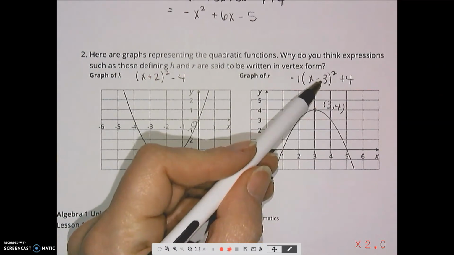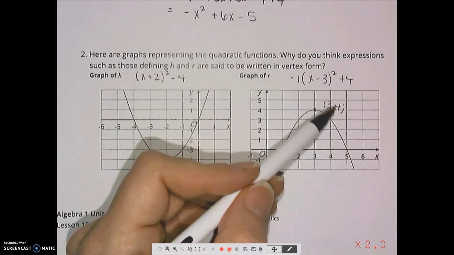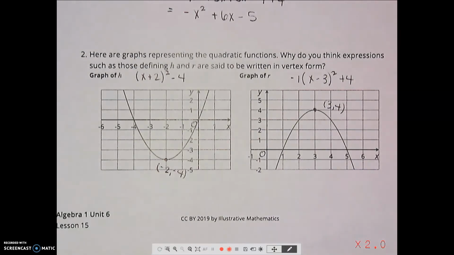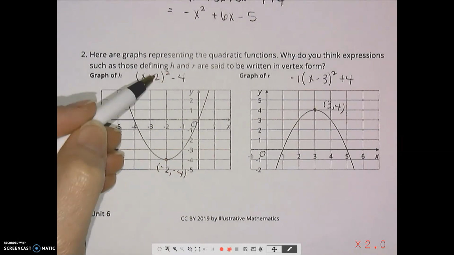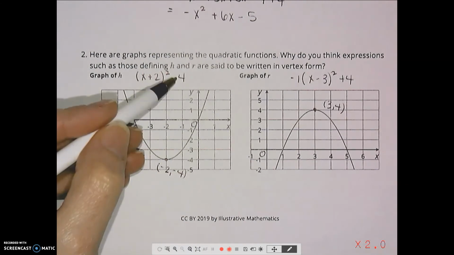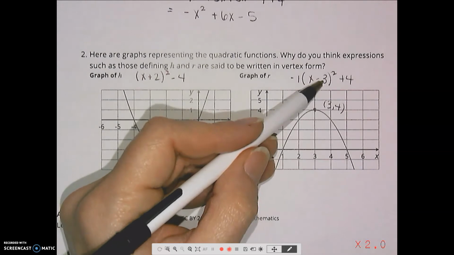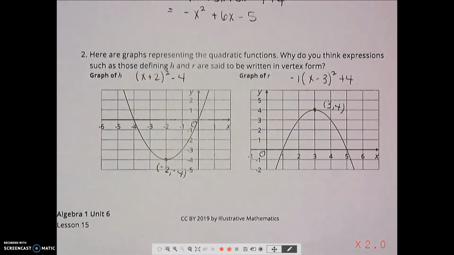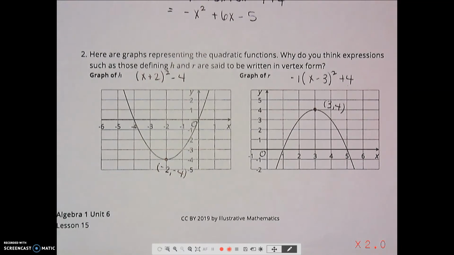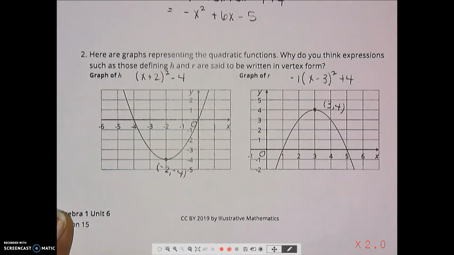So the 3 is the opposite, and the 4 stayed the same. Is that consistent? The x coordinate of our vertex is the opposite, and the y coordinate stays the same. So we have those things happening, and let's investigate a little bit more here.